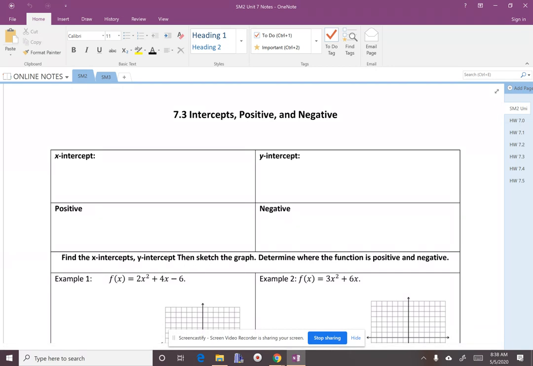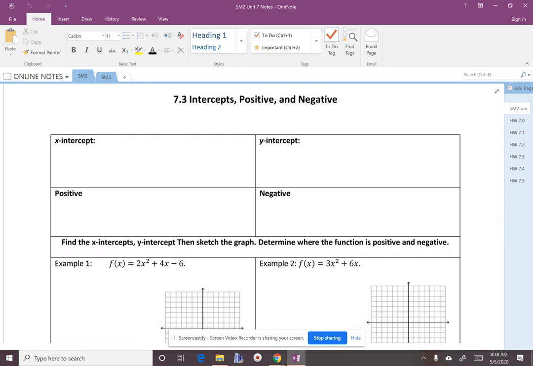So now you're going to be expected to either graph an equation and then pick it apart, or I will give you an equation or give you the graph and you'll just have to pick it apart. So the things we're going to look for specifically in 7.3 are intercepts and positive and negative, okay? Intercepts just mean where it crosses anything.